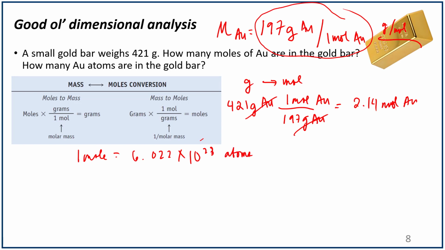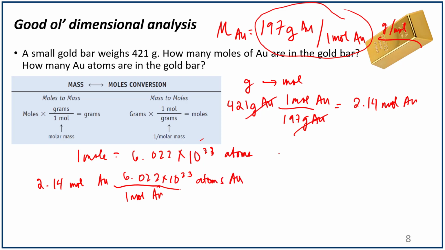So this will be 2.14 moles of gold, and then we're going to put 1 mole of gold in the denominator, and 6.022 times 10 to the 23 atoms of gold in the numerator.